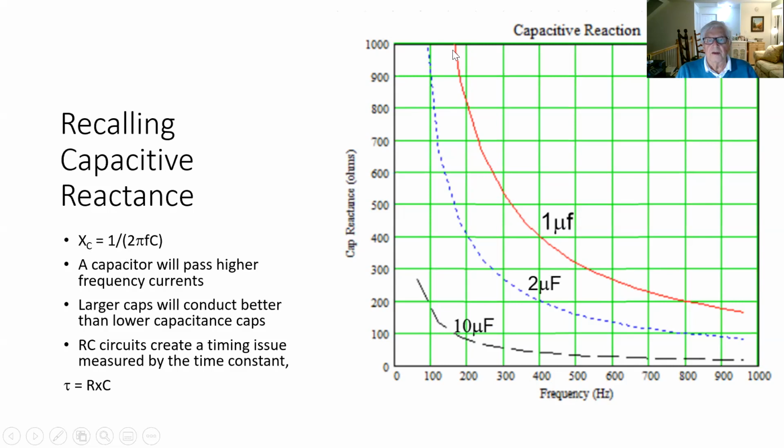As you increase the frequency, you decrease Xc, and decreasing Xc allows more current to pass through. A smaller Xc is like having a smaller resistor, and a smaller resistor allows for higher current. So higher current at higher frequencies.